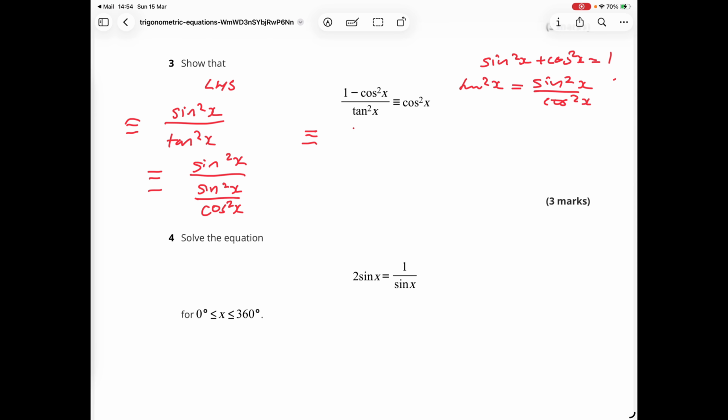Then we're going to do sine squared x times cos squared x over sine squared x. We can cross these out, and that just gives us cos squared x. So that is the right-hand side, QED. And that's all I'm going to do on that.